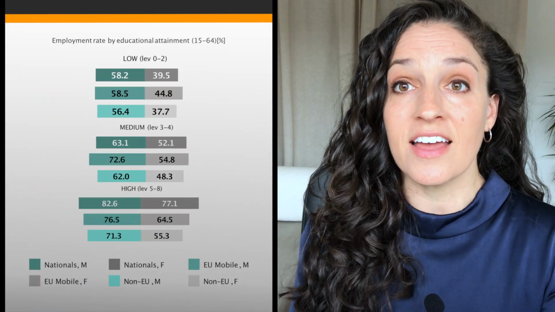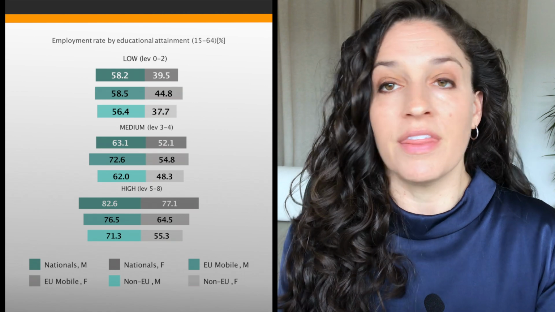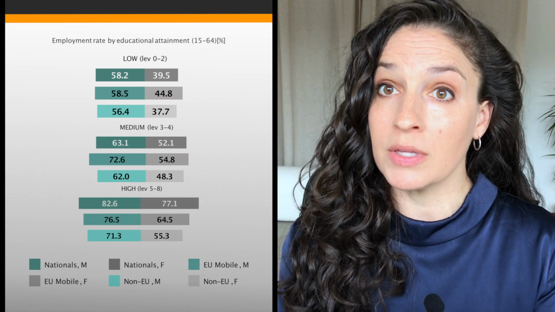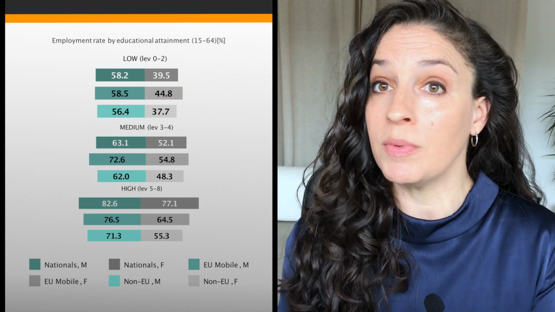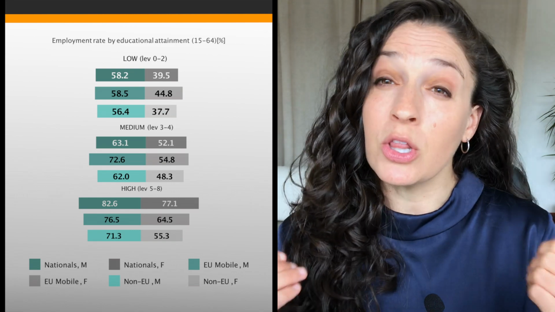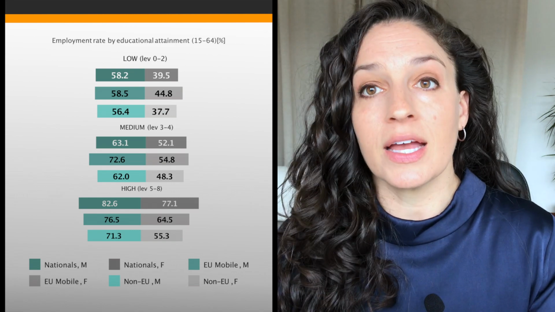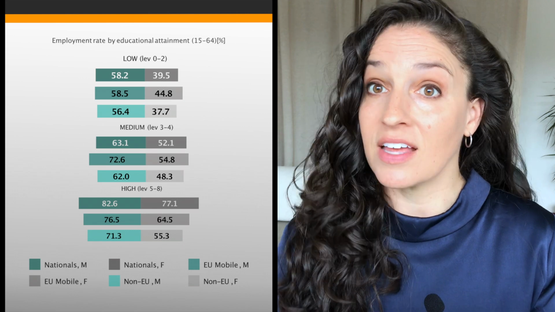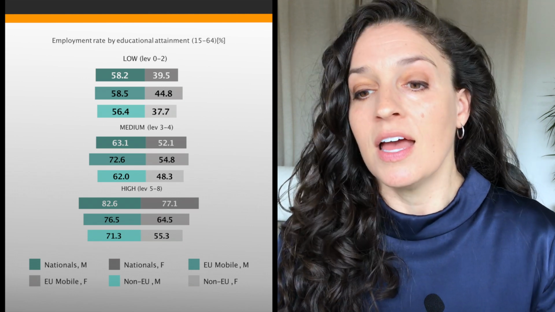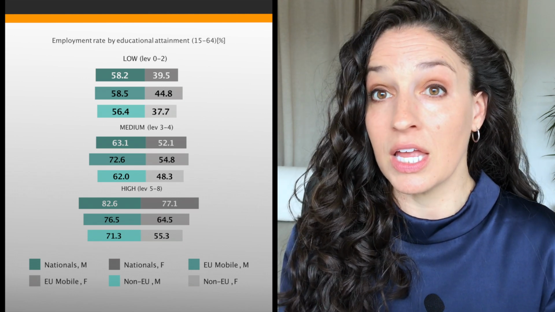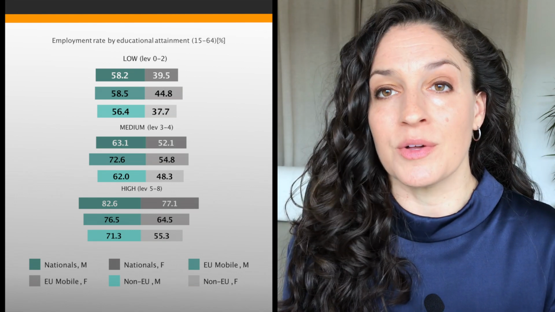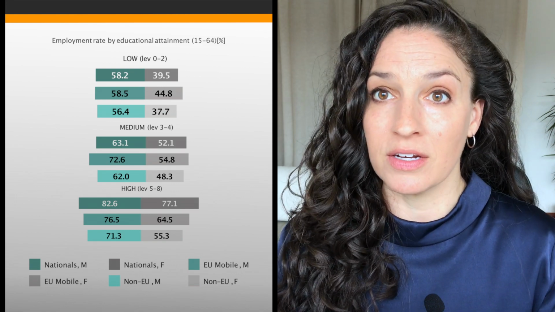Now, if we break this down by different education levels, which makes a lot of sense because education is often highly correlated with the ability to find jobs and have opportunities in the labor market, what you can see here is if we look just at people with high education, then the Spanish native population is really having the highest rates of employment compared to the other groups. If we look at the middle level, then actually European immigrants have higher rates of employment, as well as male immigrants coming from outside of the EU.